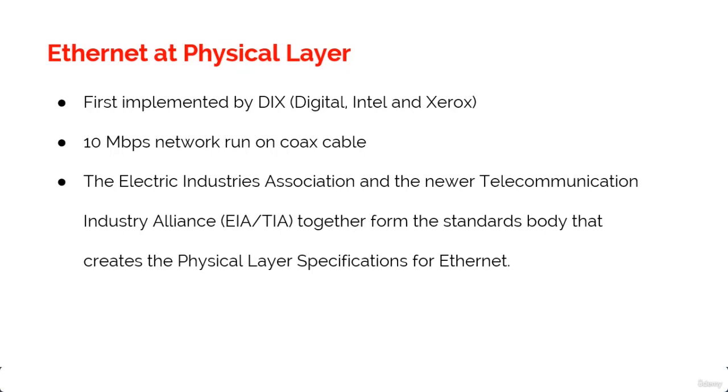The Electronic Industries Alliance and the newer Telecommunications Industry Association, that is the EIA/TIA, together form the standards body that creates the physical layer specifications for Ethernet. The EIA/TIA specifies that Ethernet uses a registered jack, the RJ, on unshielded twisted pair cable. However, the industry is calling this just an 8-pin modular connector.